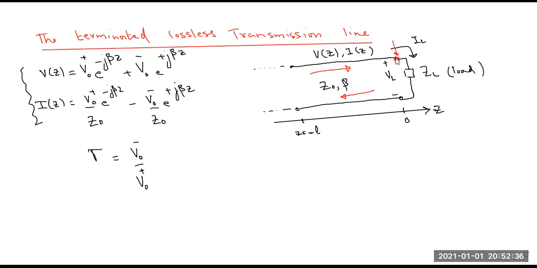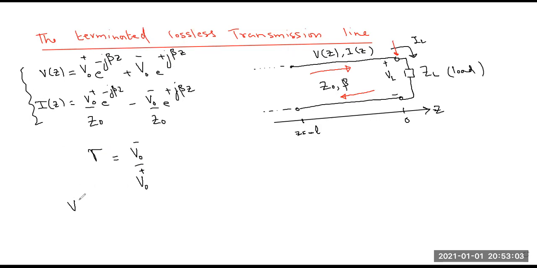So at this position, how much part of the wave will be reflected? It is represented as the magnitude of the reflected wave, that is V naught minus, divided by the magnitude of the incident wave, which is V naught plus.